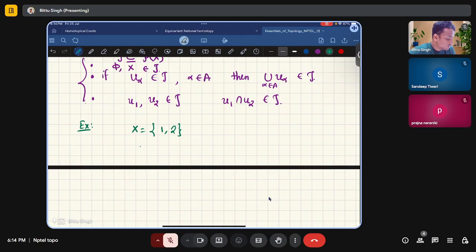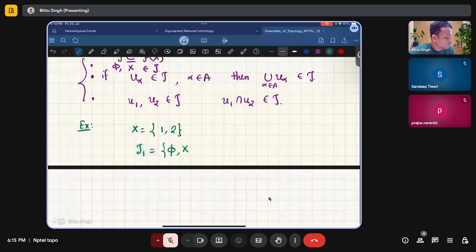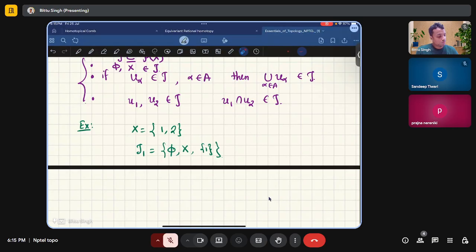If we take this set, for example, let tau 1 equal the empty set, the whole set X, and {1}. The question is, is it a topological space? We need to check that unions are there and finite intersections are there.